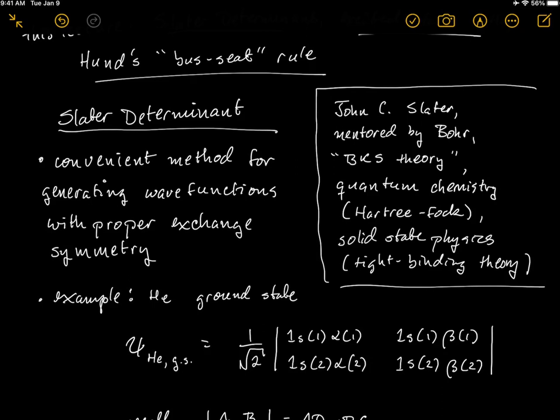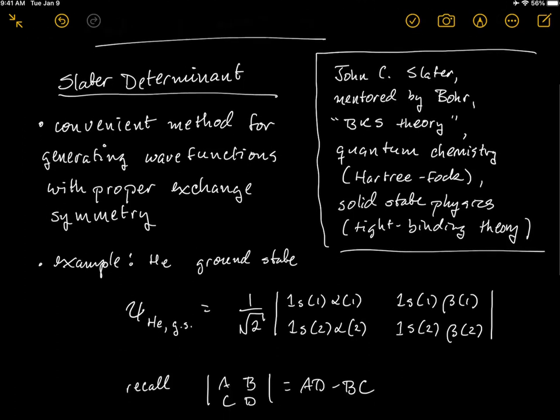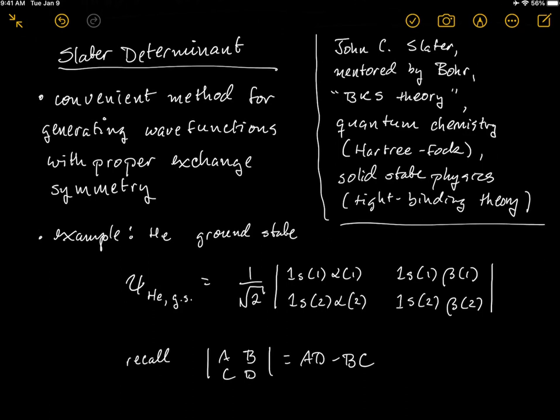We ended up with this somewhat long expression, which you can rearrange as a determinant like this, where you have 1 over square root of 2, and then 1s(1) alpha(1), 1s(1) beta(1), 1s(2) alpha(2), 1s(2) beta(2). If we multiply out that determinant, we get the expression that we saw in the previous lecture for the helium ground state.